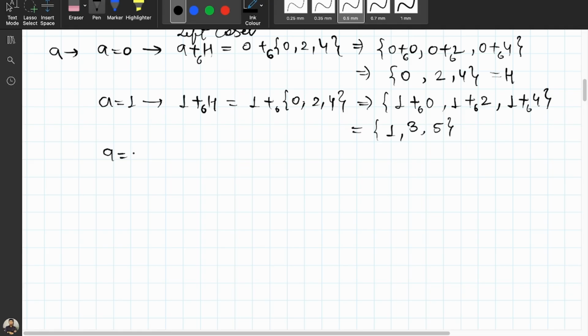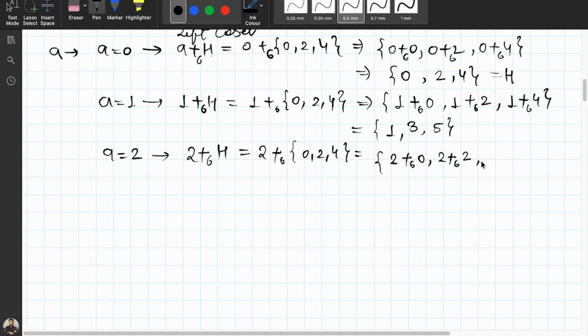Similarly, A is equal to 2: 2 addition modulo 6 with 0, 2 with 2, 2 with 4. That is simply 2, 4 and 6, which is 0 under addition modulo 6.